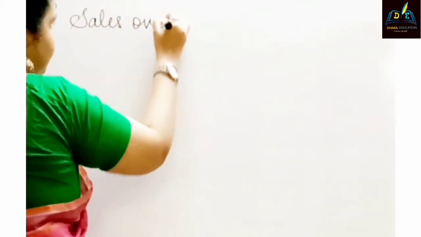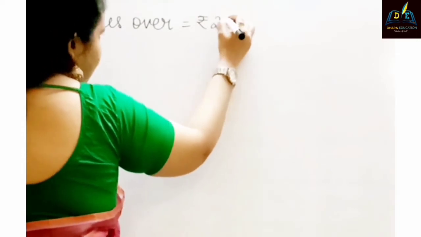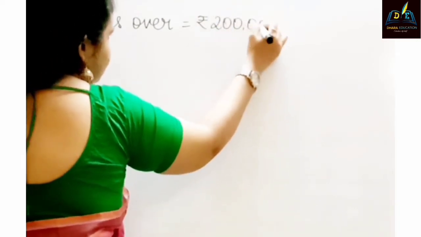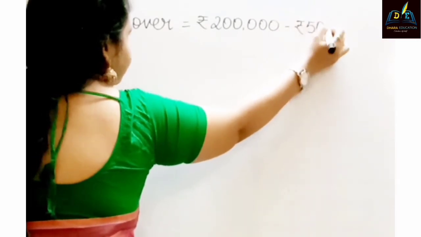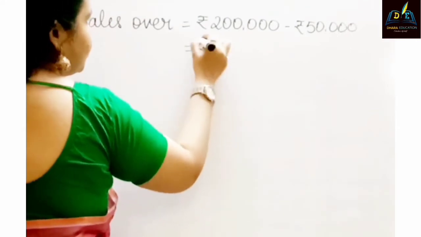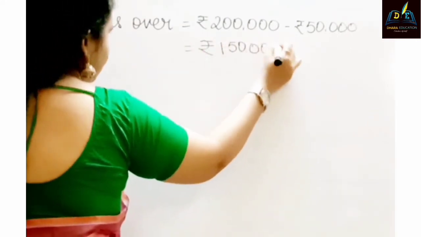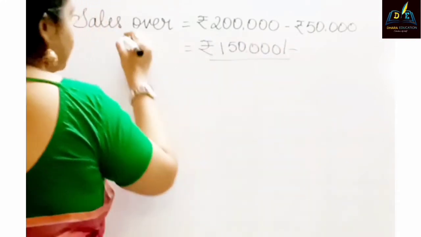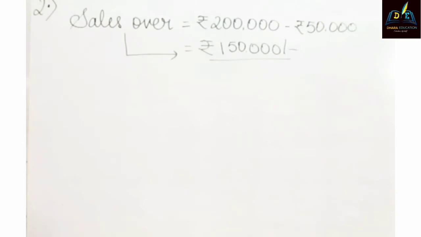Sales over is equal to rupees 2 lakh minus rupees 50,000, which gives rupees 1,50,000, which I have already shown you. So this is the sales over amount.